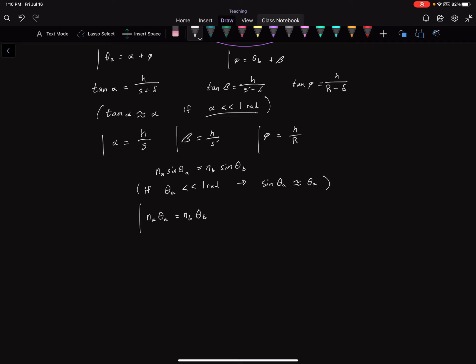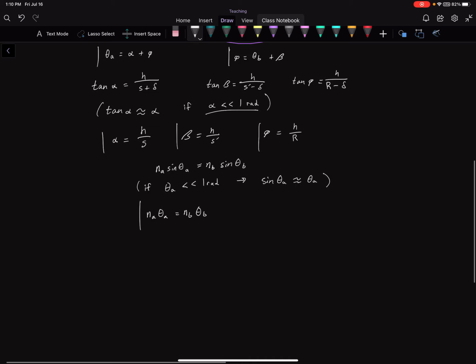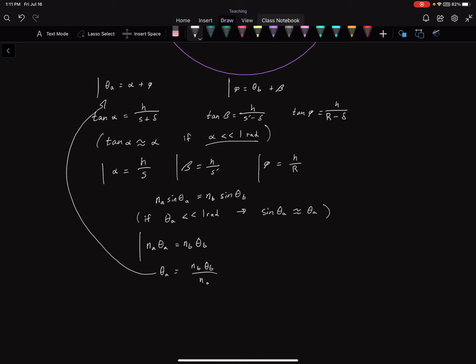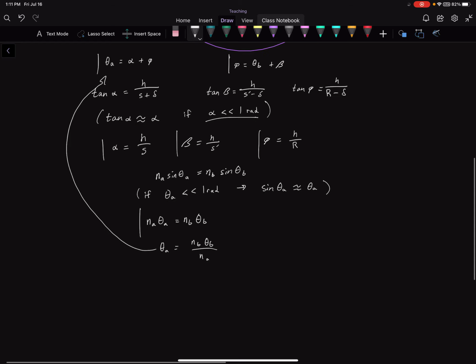So here's how we're going to do it. We're going to solve the previous equation that we just came up with for theta A. So theta A is equal to NB theta B over NA. And we're going to plug that into the very first equation that we wrote down. This one there. So that means we get NB theta B over NA is equal to alpha plus phi.